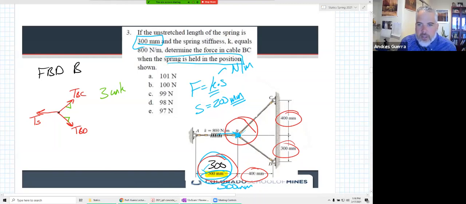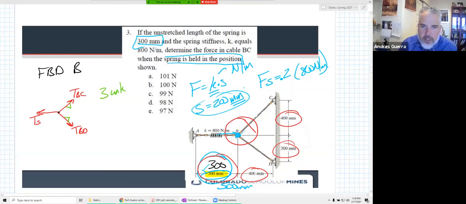And so then we have our S here, and then we can find the force in the spring would be equal to that 200, or we can convert it into 0.2 times 800 newtons per meter. I guess this would really be the same thing we called over here TS, right? So that would be our 0.2 times 800.